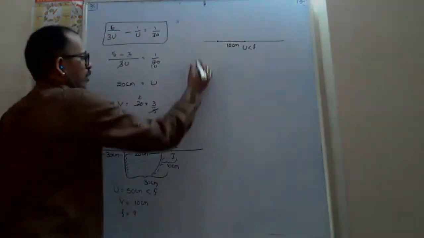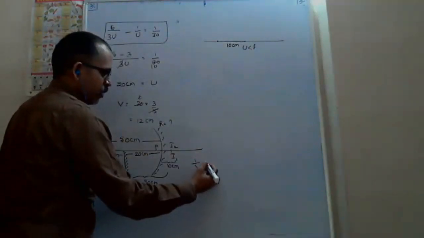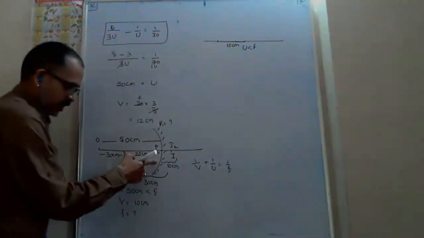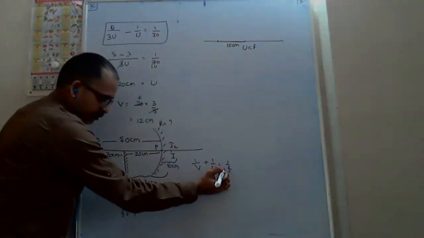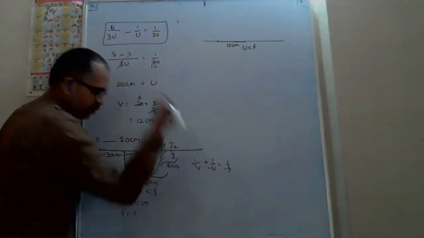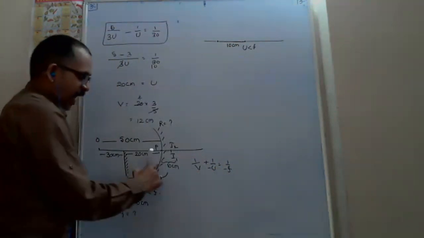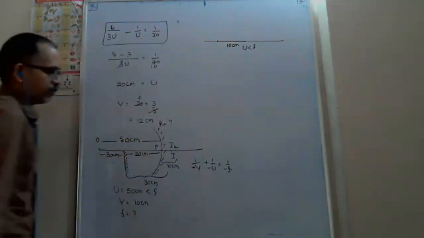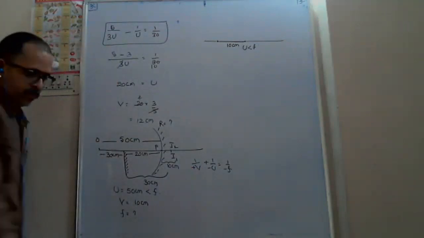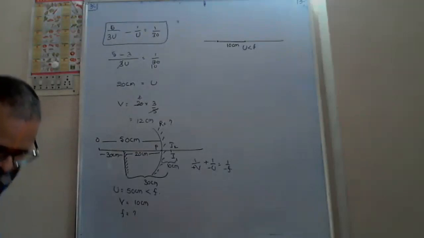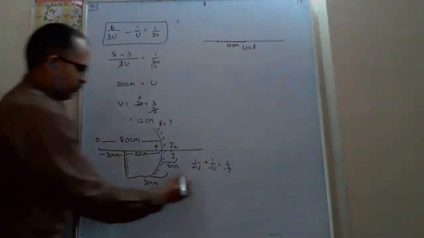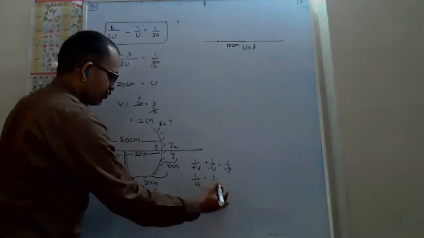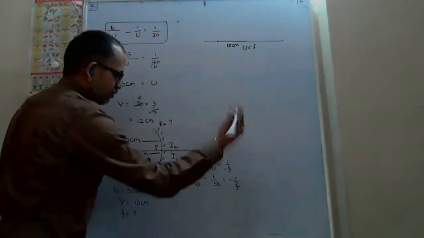Okay, Nana? Yes, sir. But take care, take the sign conventions properly. 1 by v plus 1 by u equals 1 by f. This is a concave mirror, so focal length is minus. u is always minus. And v this time is on the other side, so definitely it is plus. So here, 1 by v is plus 10 minus 1 by u is 50 equals minus 1 by f.